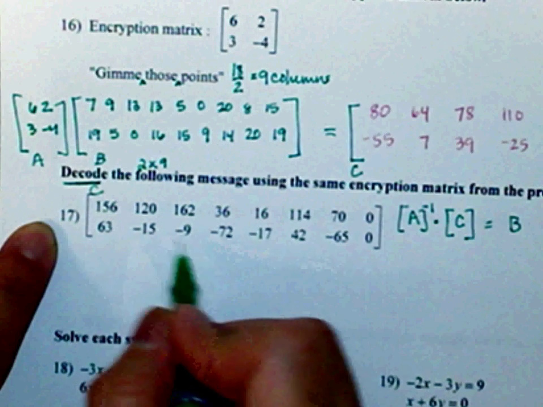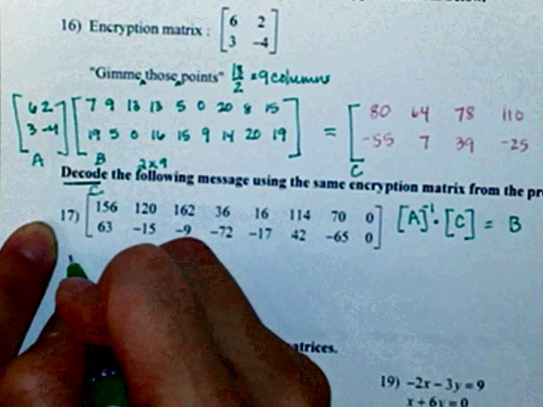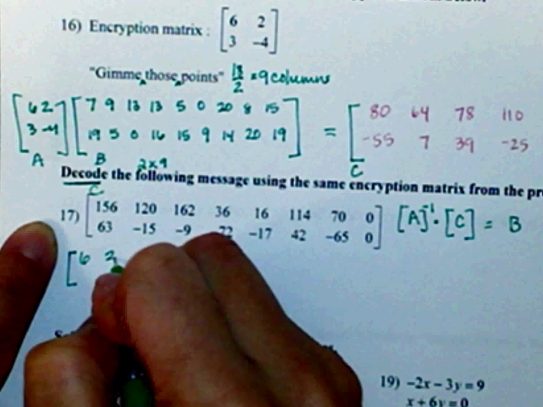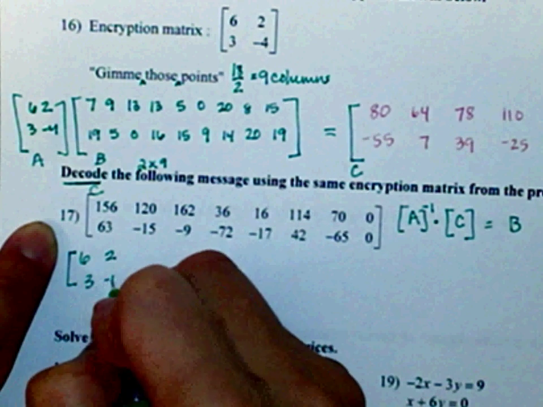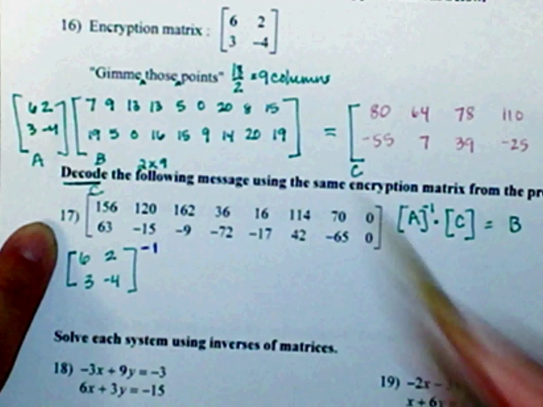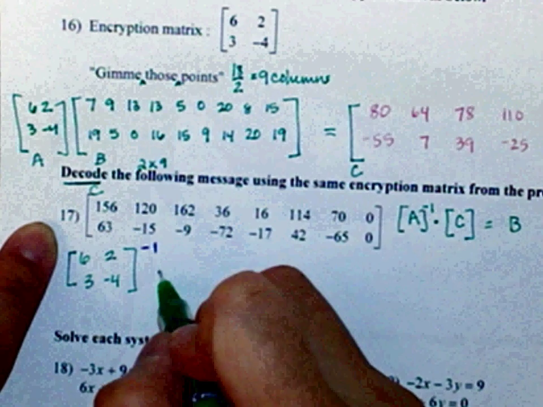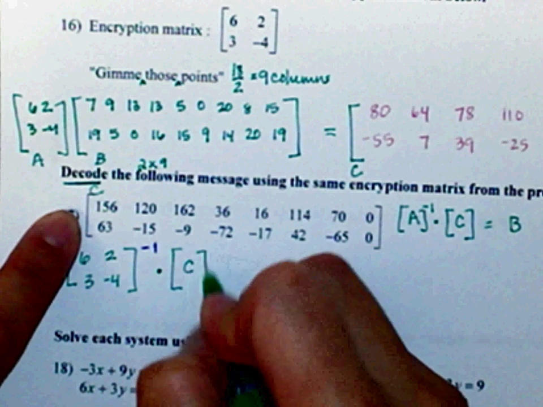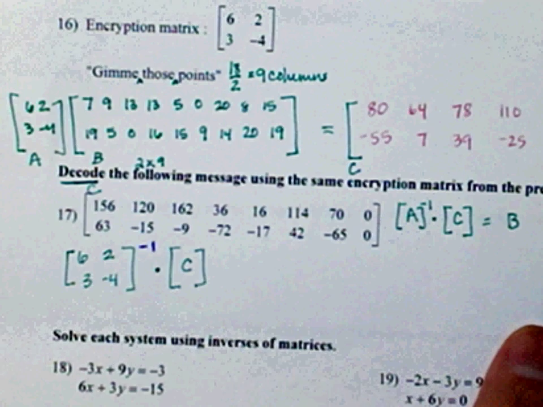So I want to see what the answer is going to say. So I'm going to take the inverse, which is 6, 2, 3, -4. Raise that to a -1. That's my A. Times the inverse of C. Okay? Now I'm not going to write all that out, but you guys can. But I just want to show you what I'm going to do.